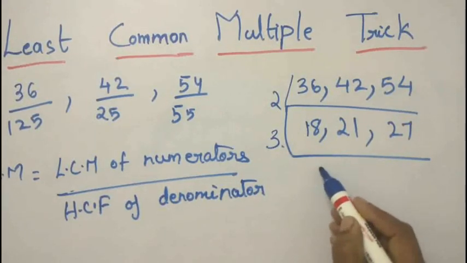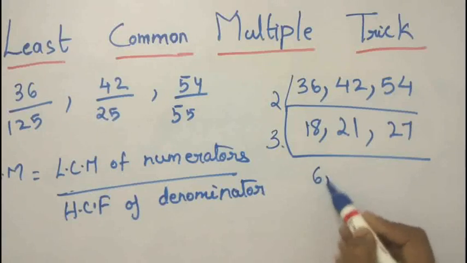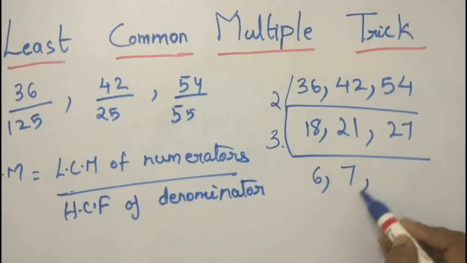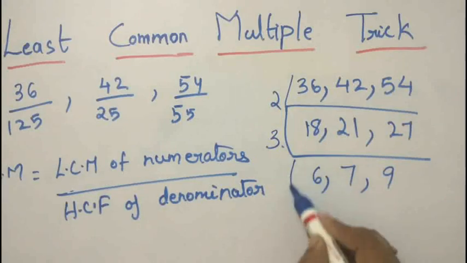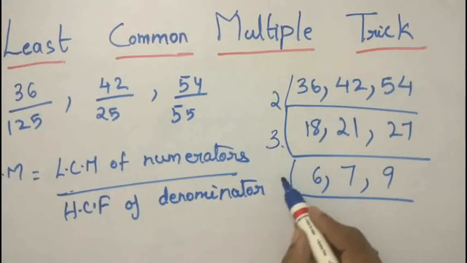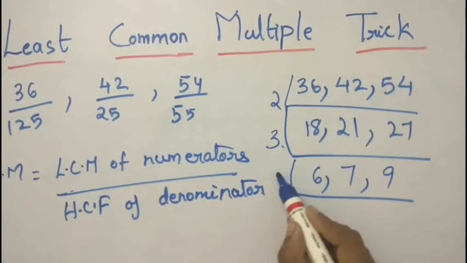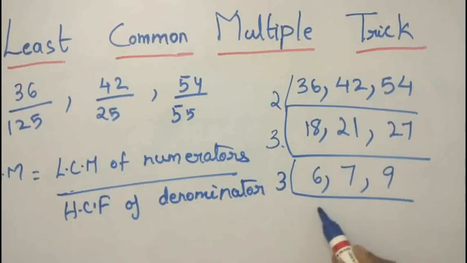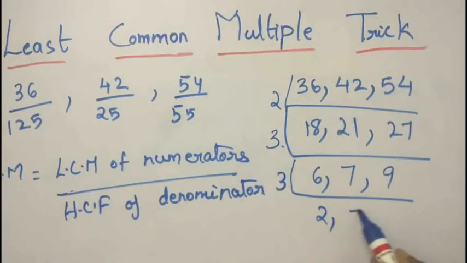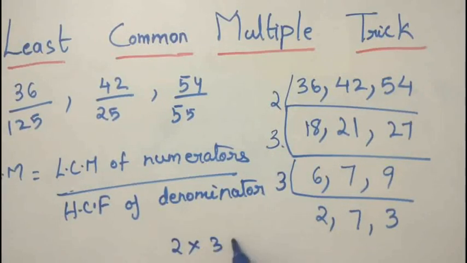3 6s are 18, 3 7s are 21, 3 9s are 27. Now this is 3 2s, 7 and 3 3s numbers. So this will be 2 into 3 into 3 into 2 into 7 into 3.